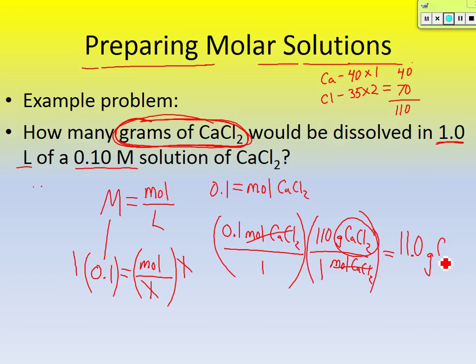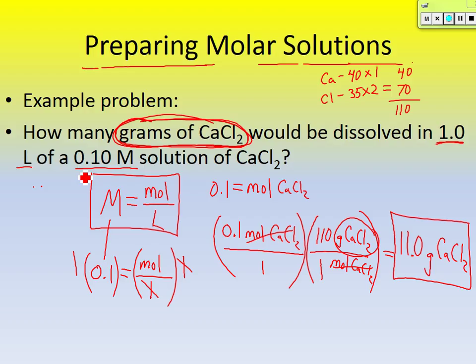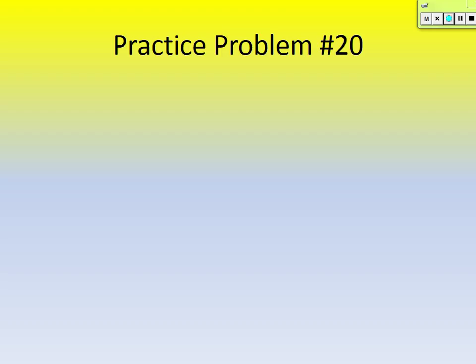Grams of calcium chloride. Okay. Very good. Who got it right? Okay, so that's how you would solve this problem. Same thing, guys. Start it with this formula here. Molarity is equal to moles over liter. Then just plug in and solve for whatever it's asking. It's that easy. Okay, I've got a couple of practice problems for you to try.